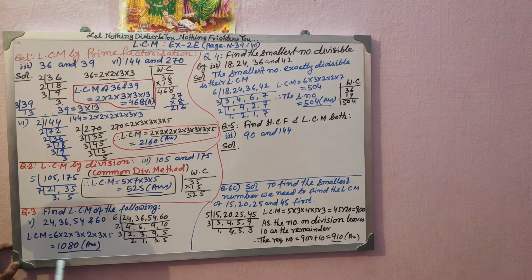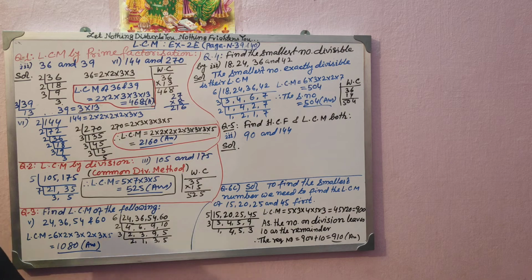If you multiply this all, 6 into 2 into 3 into 2 into 3 into 5, you will find 1080. The answer given in the book may be wrong, it will be 1080. Could you understand? 6 2s are 12, 12 3s are 36, 36 3s are 108, and then 5 2s are 10, 108 beside 10.